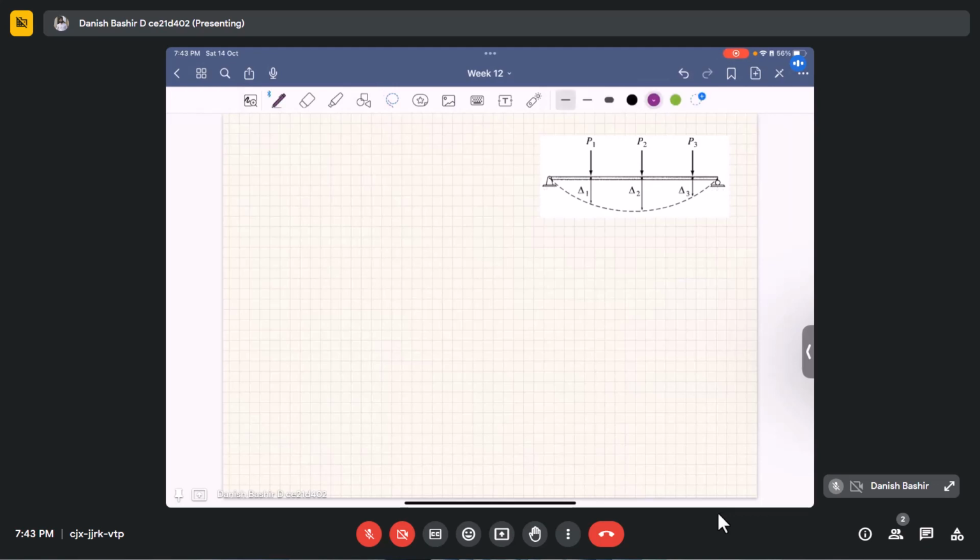So it is important to write here that P1, P2 and P3 are gradually increased from 0 to final values, such that the P-delta relation remains linear.